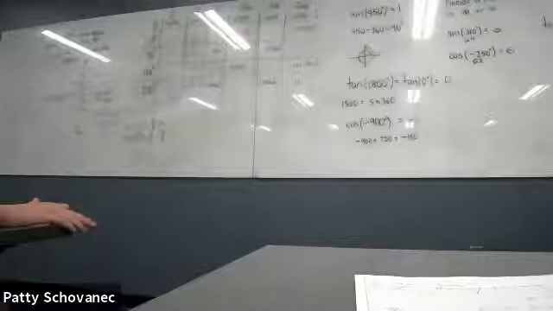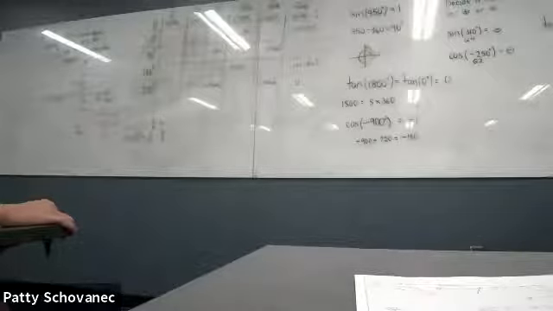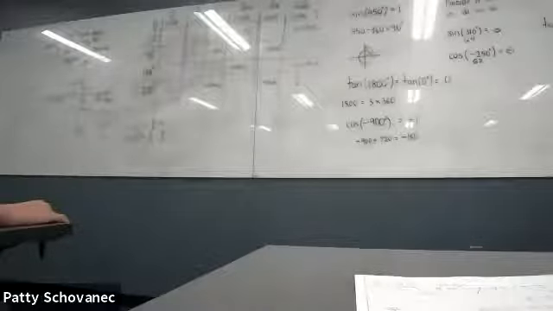Does anybody know how many times I'm going around? 1800 was 5 times. So it's 4 times 360. That's 1440, so it's not 4 times around. So 3 times 360 is 1080. So let's take 1080 out of that.